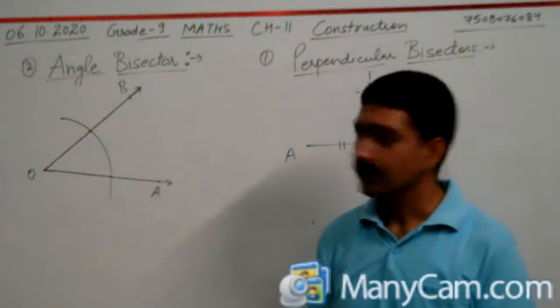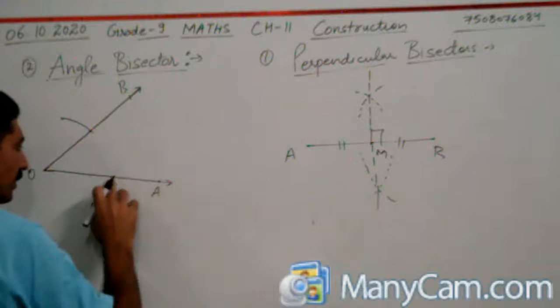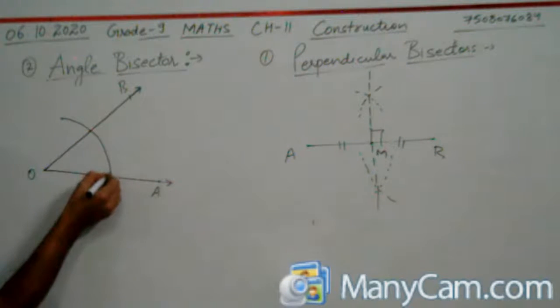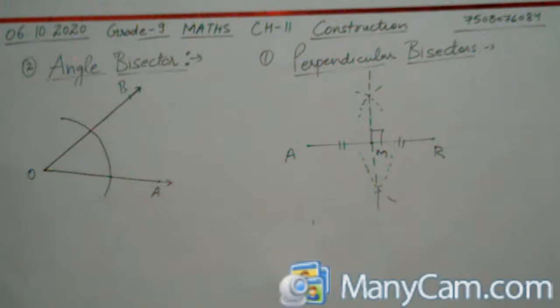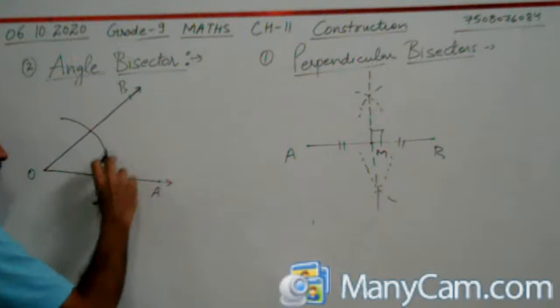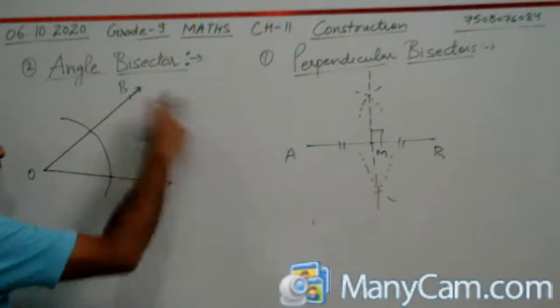I have drawn one arc. Now from here, open one arc more than half of it. If this is a distance more than half, you can make a bigger one, no problem at all.